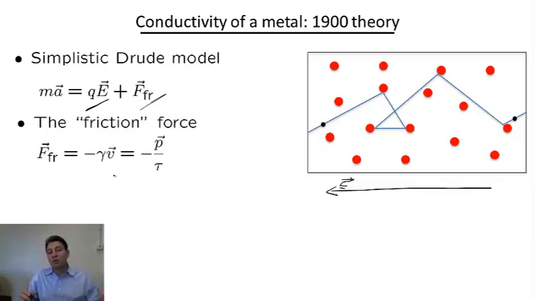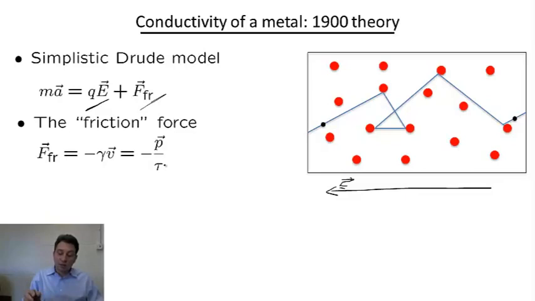And this friction force was assumed to be proportional to the velocity. It sort of makes sense if you have a viscous fluid, for instance, and you put an object in it and it moves, it experiences a friction force proportional to the velocity, with a minus sign, of course, and there is some coefficient. Velocity is momentum divided by the mass, so instead of writing the friction force this way, we can write it as minus p over tau, where tau is a time scale which describes momentum relaxation in this process.